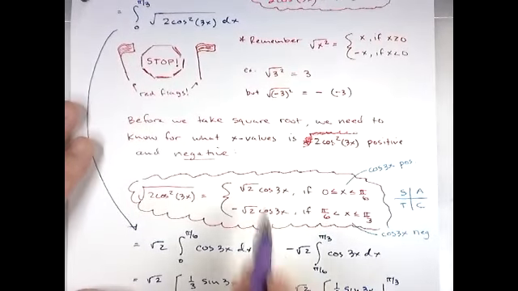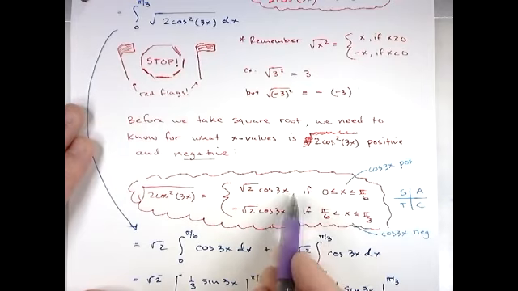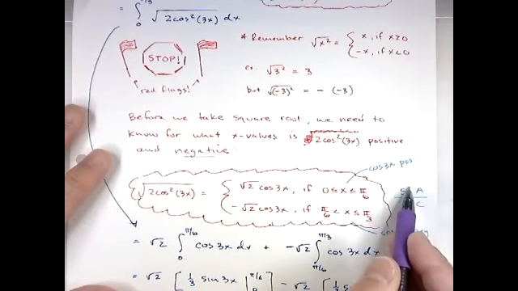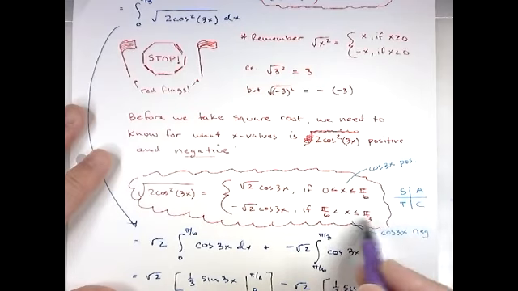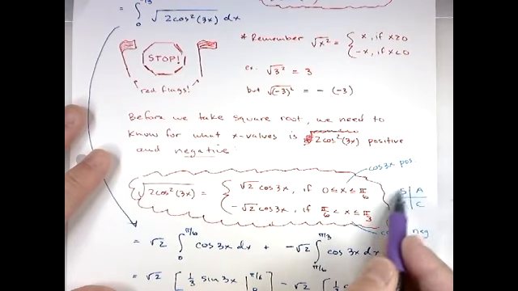So down here, if you think about it, from 0 to pi over 6, when x is pi over 6, 3 times pi over 6 is pi over 2, which takes you on your unit circle to right here. But if you go past pi over 6, from pi over 6 to pi over 3, 3x goes from pi over 2 to pi. That's in this quadrant right here, where we know cosine is negative.